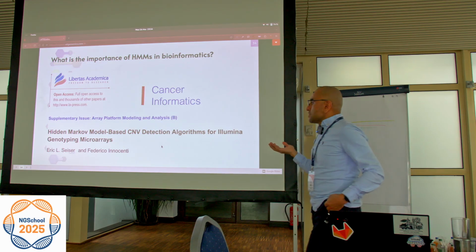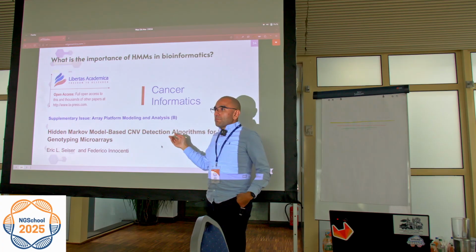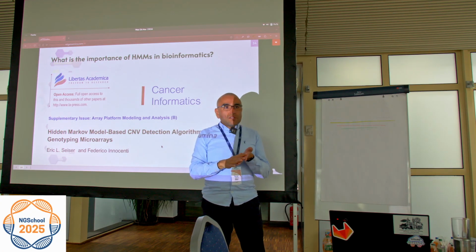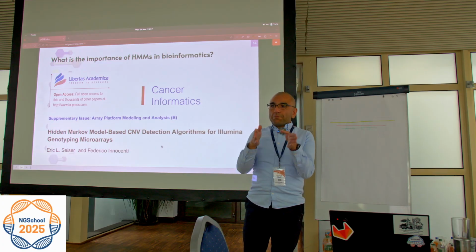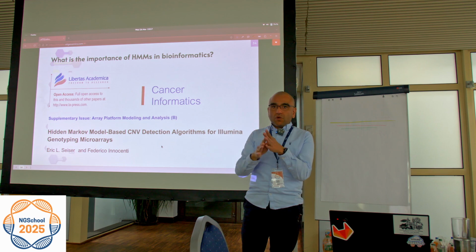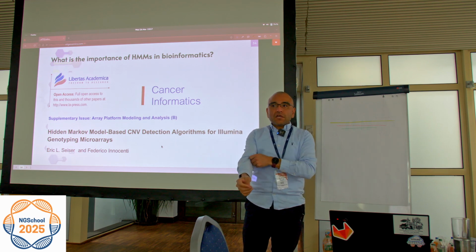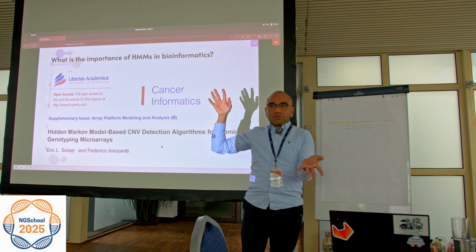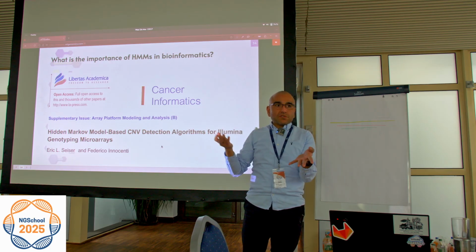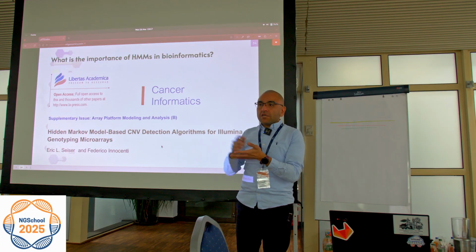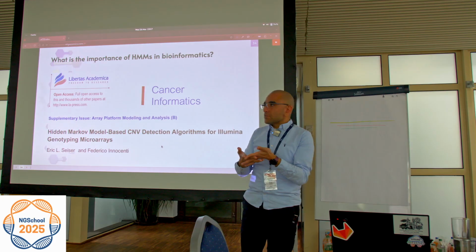which is detecting copy number variation in microarrays. You can model the transition of one particular region of the genome being present in 2 copies, that is 1 copy per parental line, but every now and then you have either a complete chromosome duplicated or in multiple copies, such as in Down syndrome, or particular regions of the chromosome being duplicated, like maybe coming from uniparental disomy and so on.